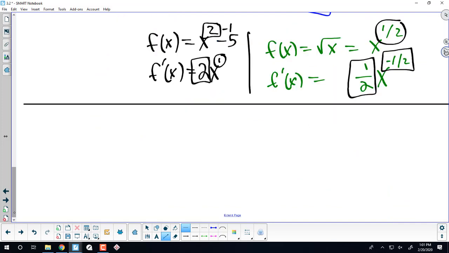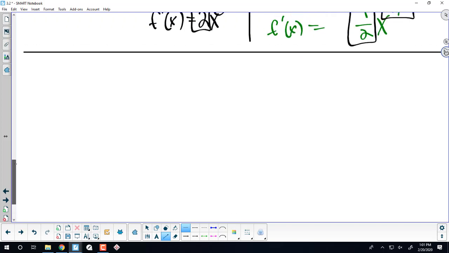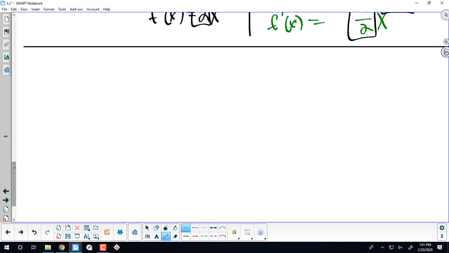There's a couple more things in 3.2 that we're going to look at. They're kind of related, but we're going to look at how, if we're given a function, we graph the derivative. But let's go ahead. There's a couple of versions of the derivative notation.